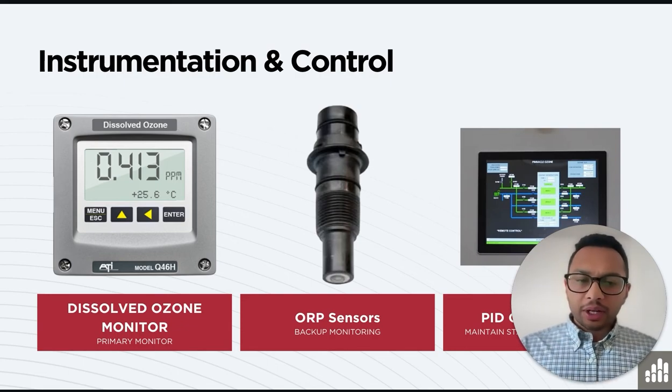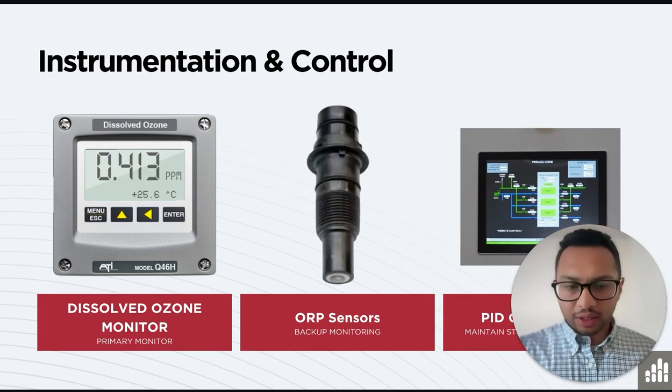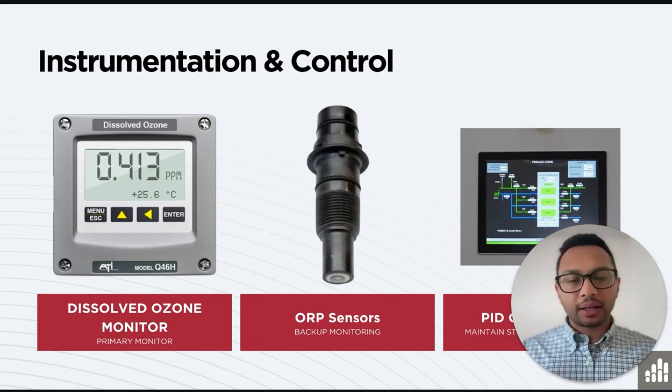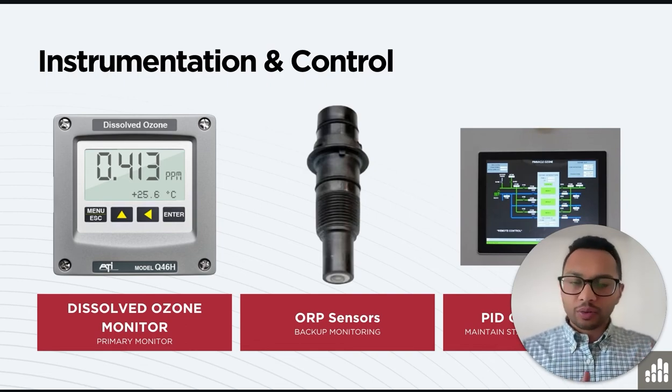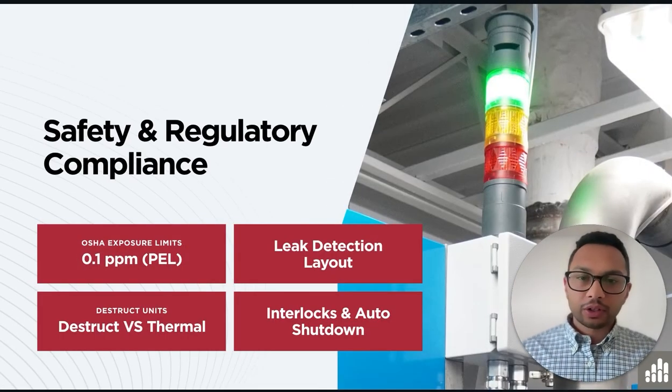The level of automation allows operators to focus on the process, not babysit the equipment, while still maintaining tight performance. Our whole idea behind a smart PLC or smart system is to ensure that the system reacts to all the fluctuations that come along.